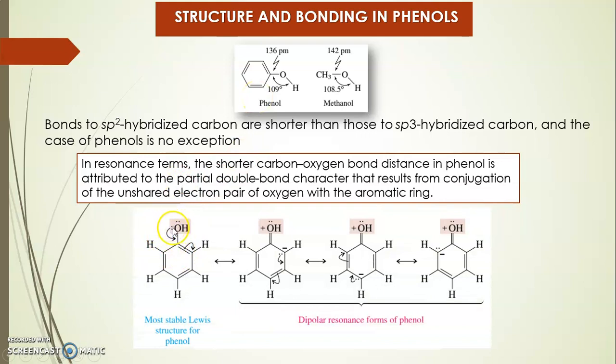The first one is the most stable Lewis structure for phenol, and these are the resonance structures of phenol. You can see there are three other structures, dipolar in nature, dipolar resonance forms of phenol. In the resonance structures, the CO bond has double bond character. That is the reason for the shorter bond length for the CO bond in phenol.